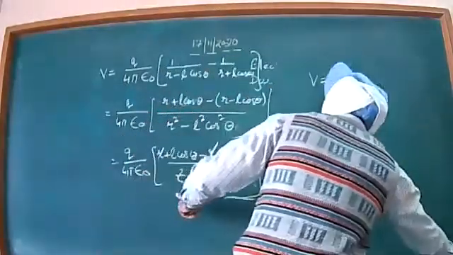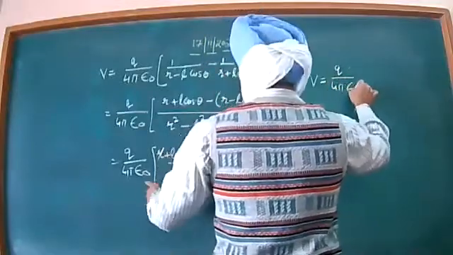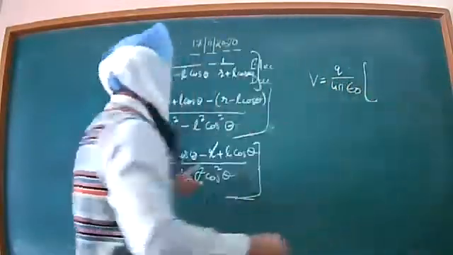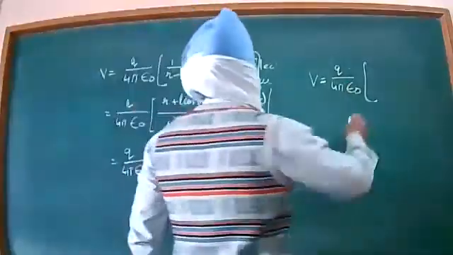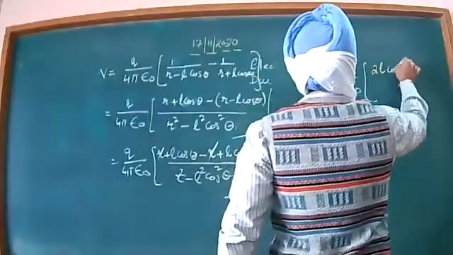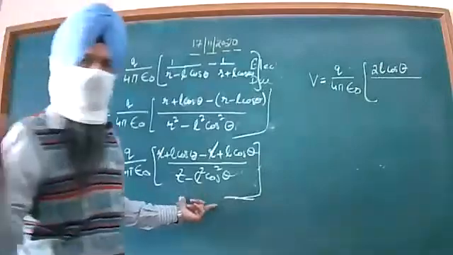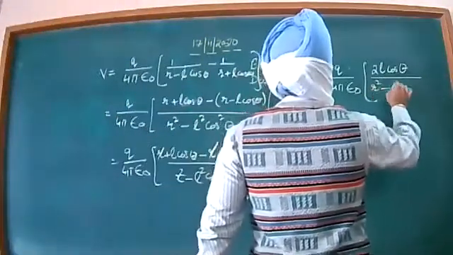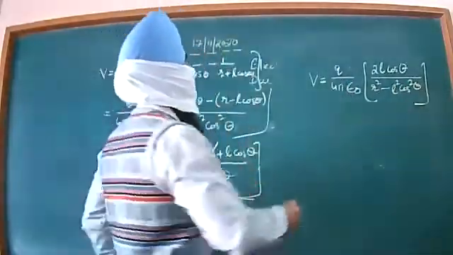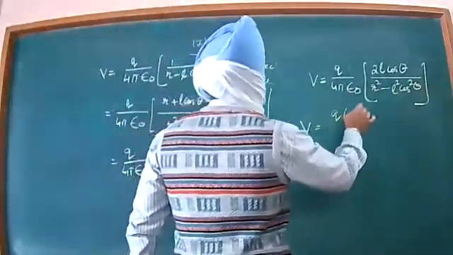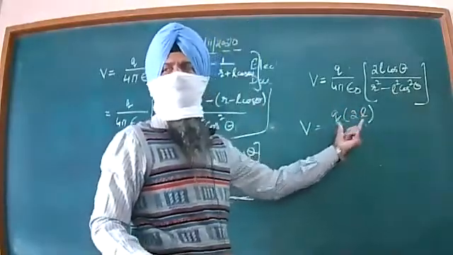Let us focus. I am left with V to be equal to Q upon 4 pi epsilon naught. This is as such. L cos theta plus L cos theta will be 2L cos theta. So I have 2L cos of angle theta divided by R square minus L square cos square theta. And again you can see this is Q and this is your 2L. This must be appearing as a same term to you.